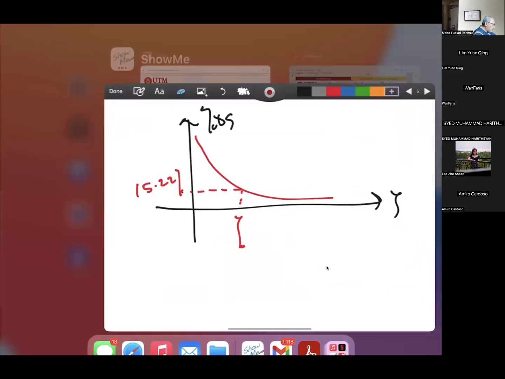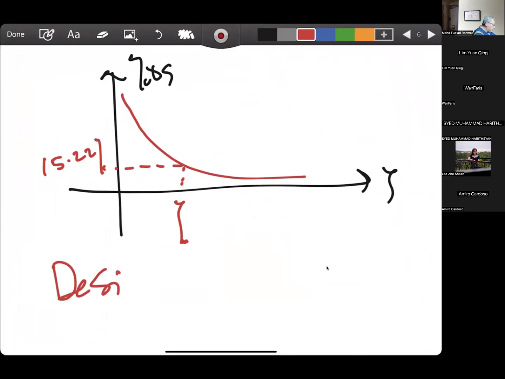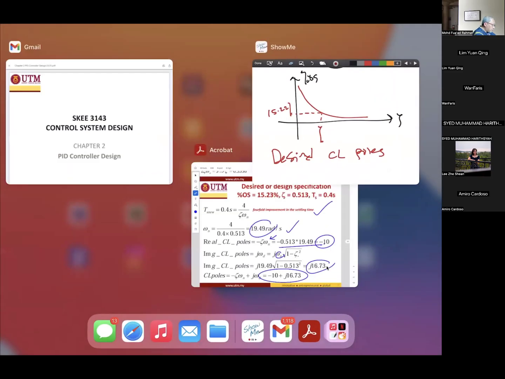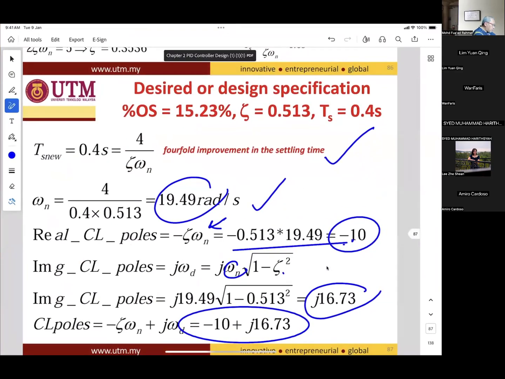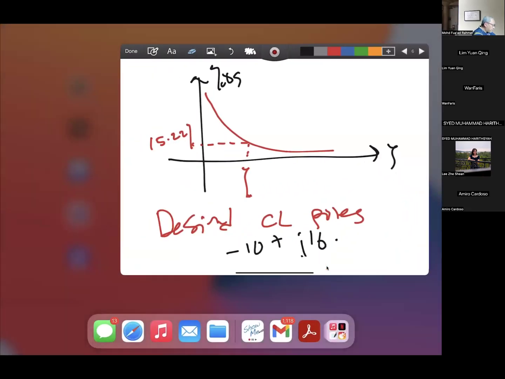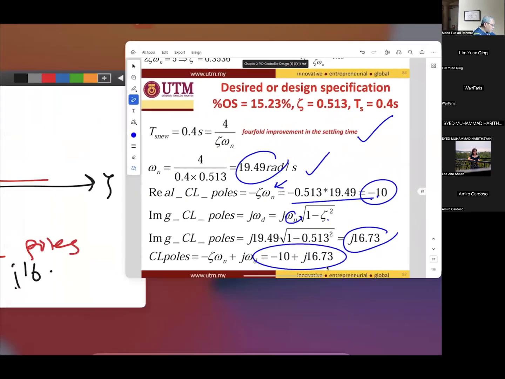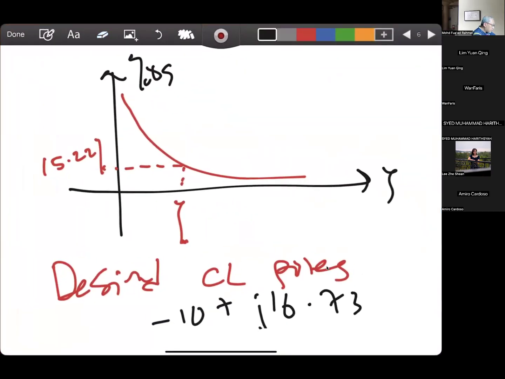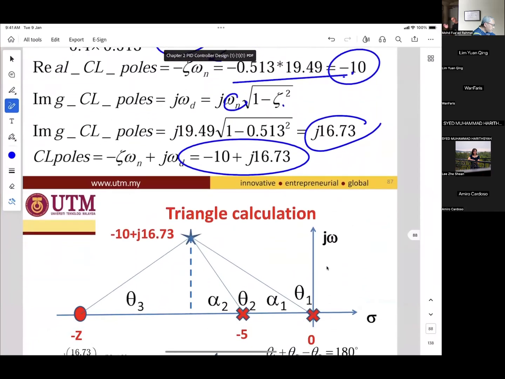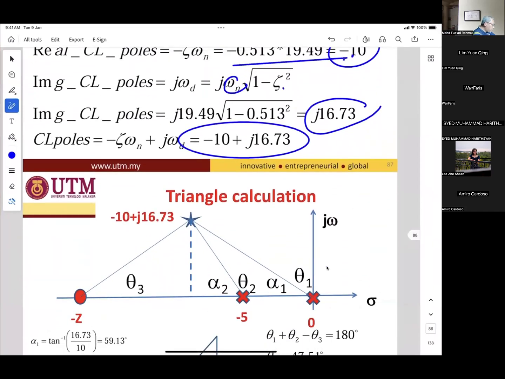Okay, the desired closed loop pole is minus 10 plus j16.73. Therefore, this one will be the test point.